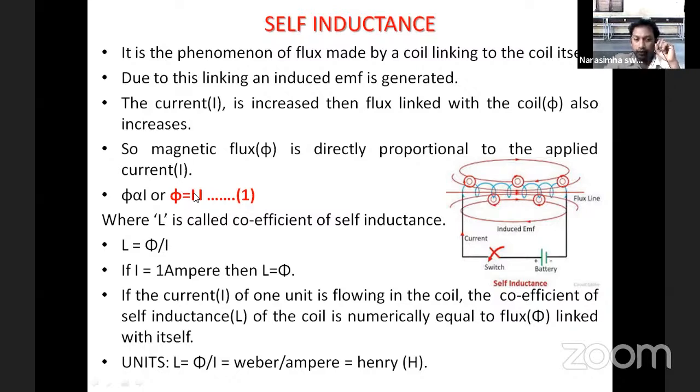Remember that we are going to use this in the coming derivation. Here L is a constant, called the coefficient of self-inductance, and the flux or current depends on this inductance constant.